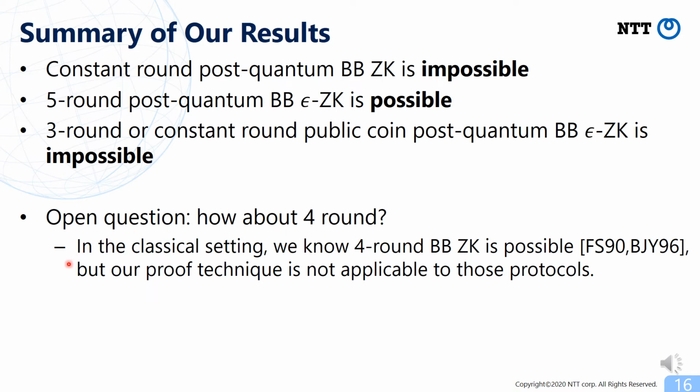In the classical setting, we know some constructions of 4-round black box zero-knowledge. However, our proof technique is not applicable to those protocols, and so we leave it as an open problem to construct 4-round black box post-quantum epsilon zero-knowledge proofs and arguments.